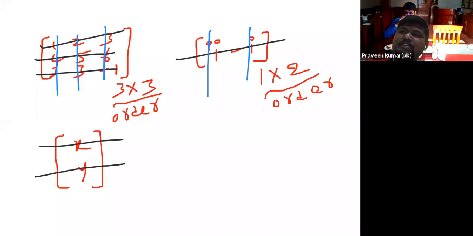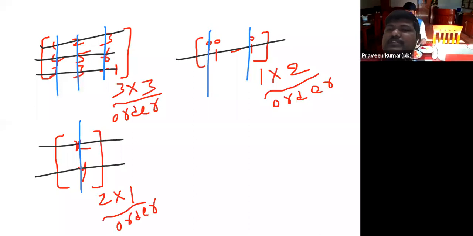Correct? Dear student, this matrix contains how many columns? Only 1 column. Then what is the order of the matrix, my dear students? Yes, you are right. 2 rows, 1 column. 2 cross 1. This is the order of the matrix. 2 ones are 2. That's why we have 2 elements.